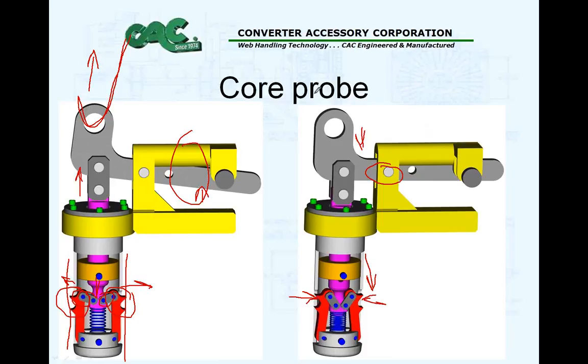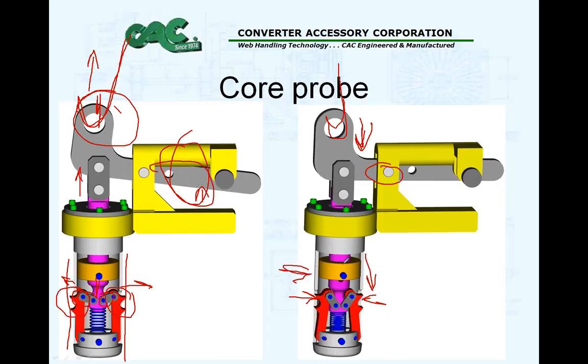The interesting thing about this core probe is that the heavy roll weight on the eyelet will never allow you to squeeze this handle while it's holding a roll of material. If you have a heavy roll up in the air and try to squeeze the handle, because the weight is on this eyelet, it's not going to allow you to. So in order to squeeze the handle to release the teeth, you have to completely release the weight so that the shaft can actuate downward and pull the teeth inward.